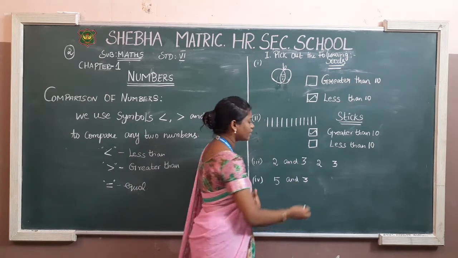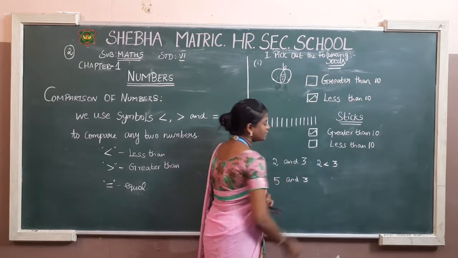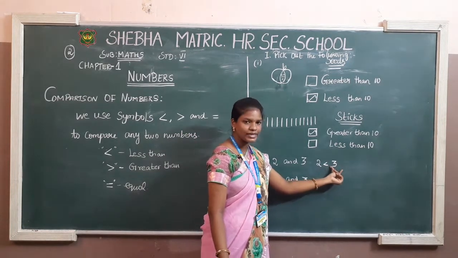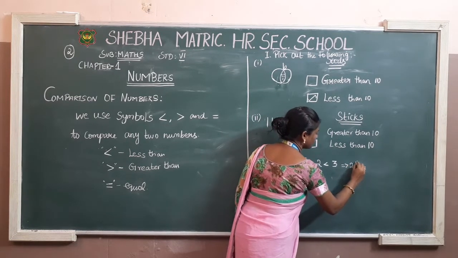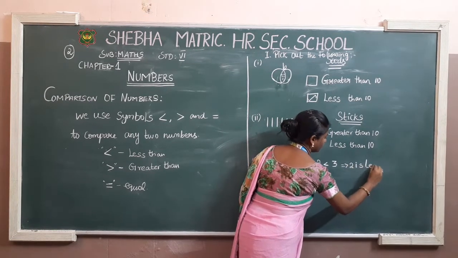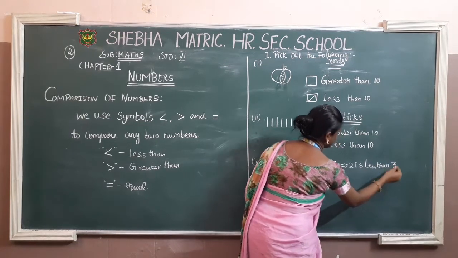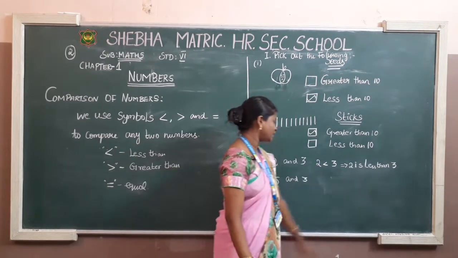So we write the symbol open towards the 3 side, because 3 is the bigger. So we can say 2 is less than 3.